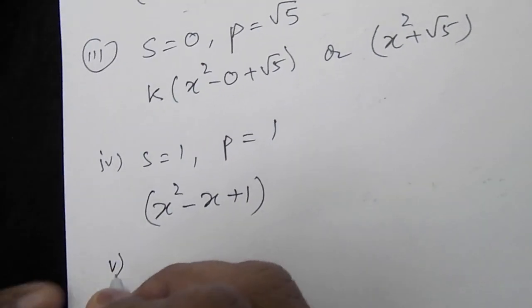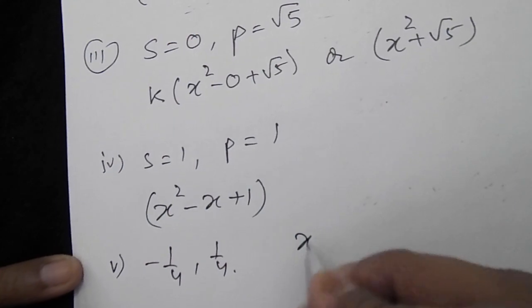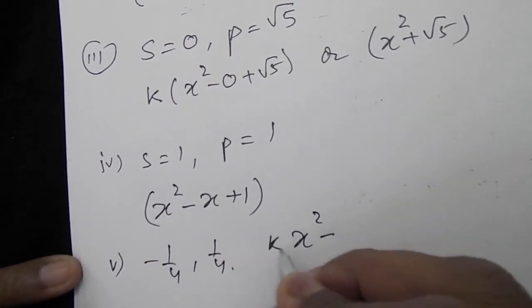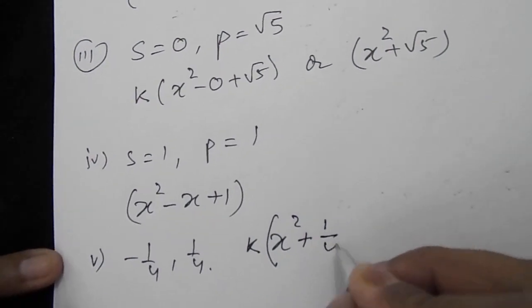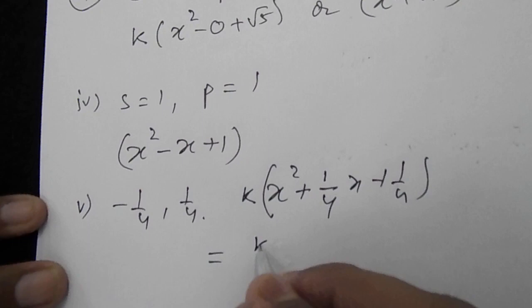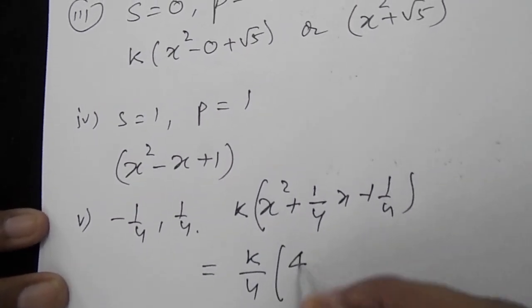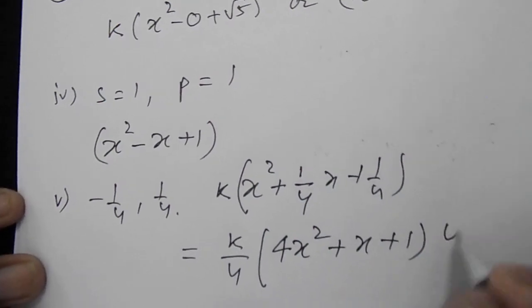The fifth part, minus 1 by 4 and 1 by 4. So x square minus k also we write minus 1 by 4. So that makes it plus 1 by 4x plus 1 by 4. If I take the LCM, k by 4 is out. 4x square plus x plus 1.